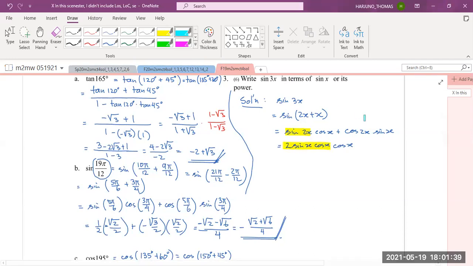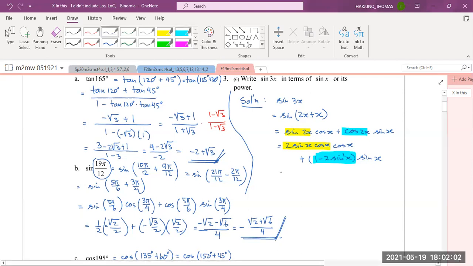Okay, and then later on for this guy, I will substitute to be plus 1 minus 2 sine squared x. There are 3 variations for cosine 2x. Now I use the third variation because we need to express everything in terms of sine x, right?